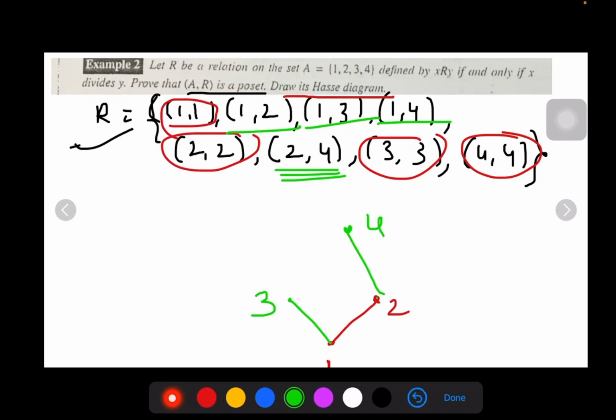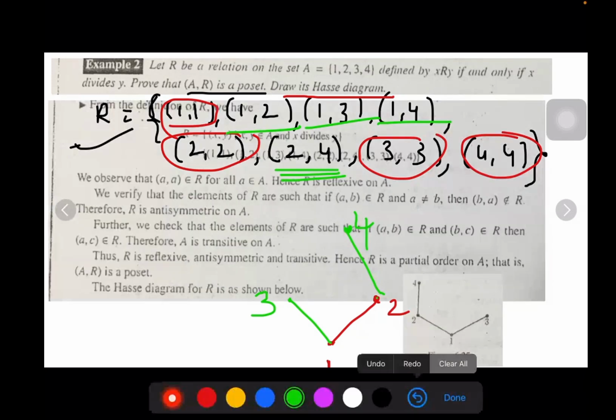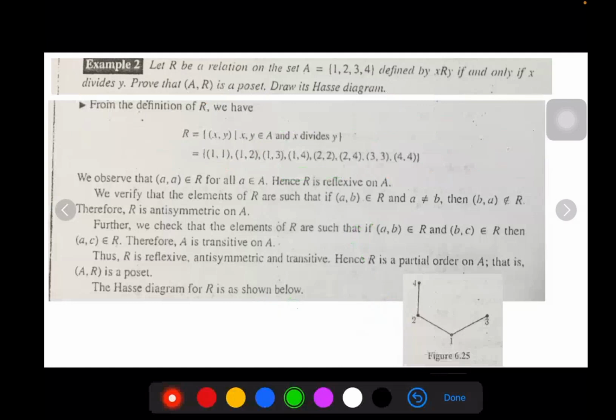Don't write that. Okay, so this is the actual diagram: 1 to 2, 2 to 4, 1 to 3. Any doubt here? Okay. So this completes your relations and test portions.